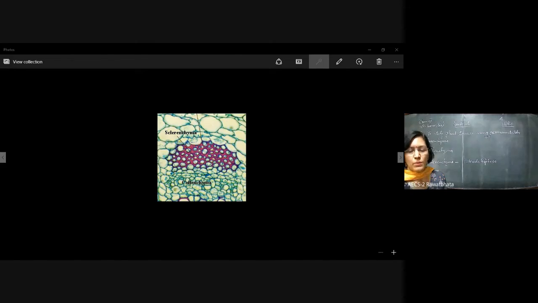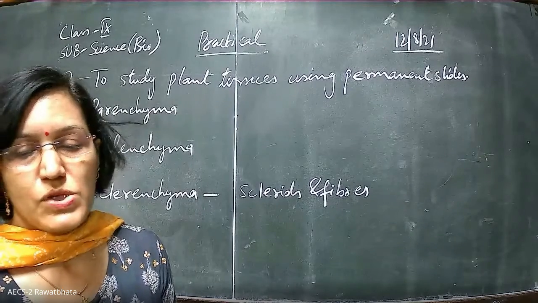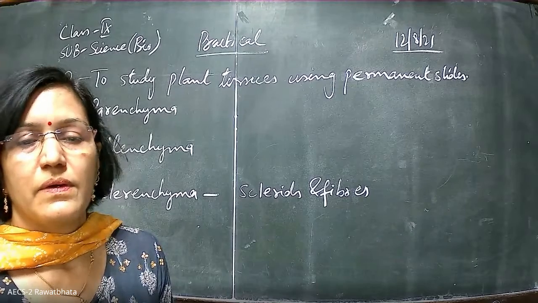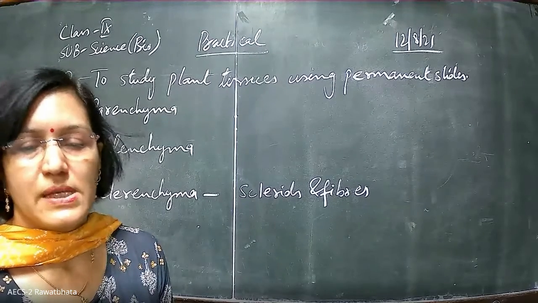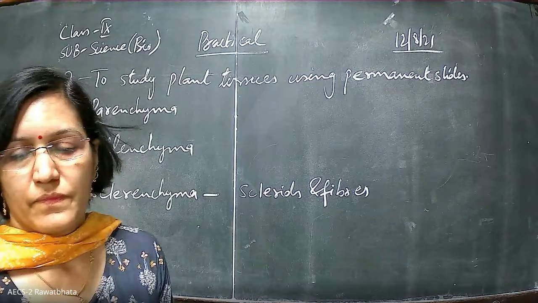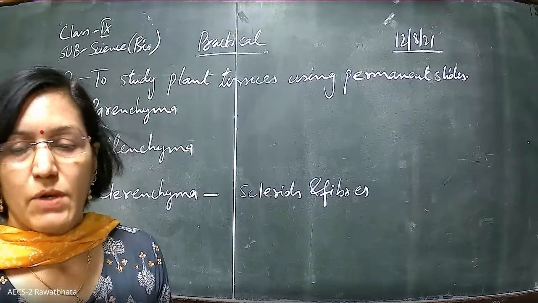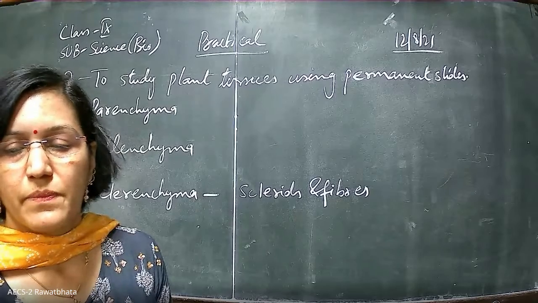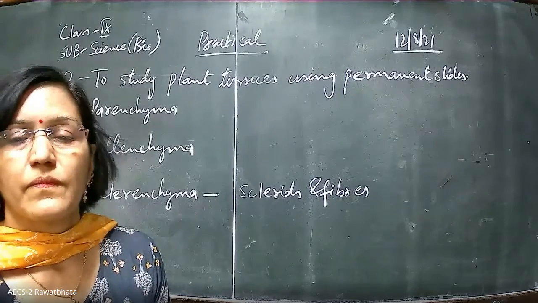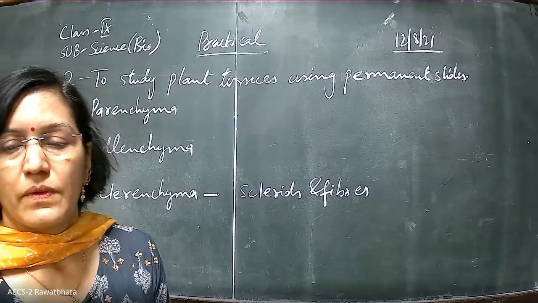Now, there is one more I have with me, which is going to make all the three cells clear. Let's have a look at that particular slide also, kids. And here we go.